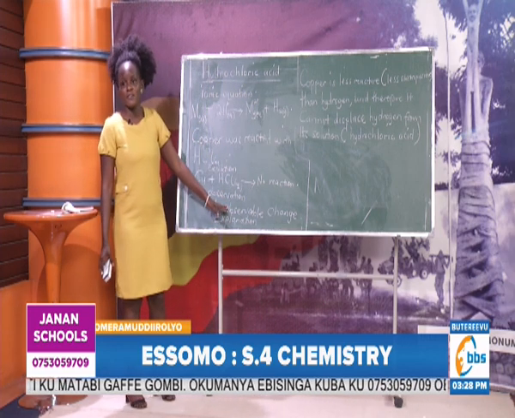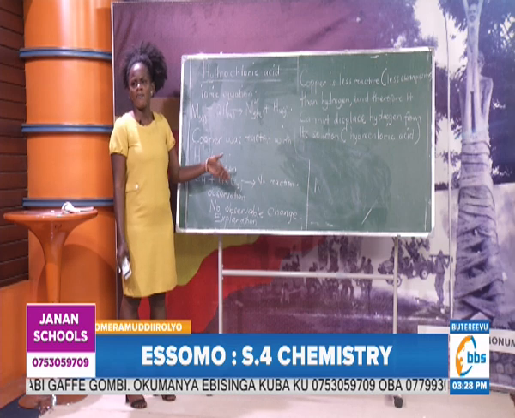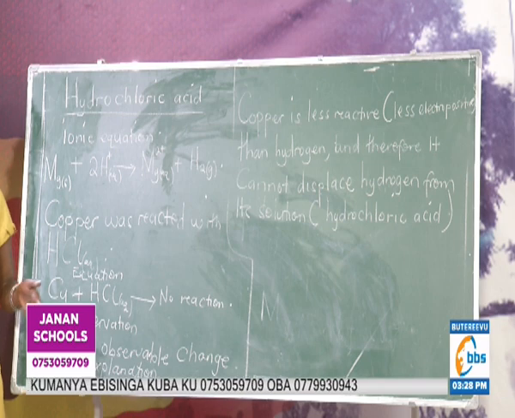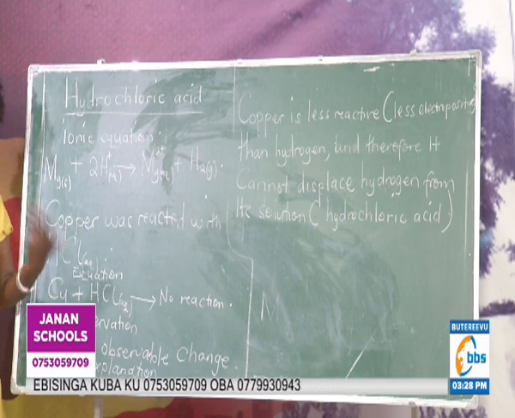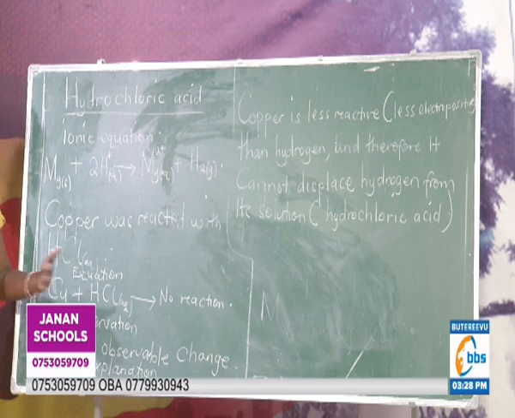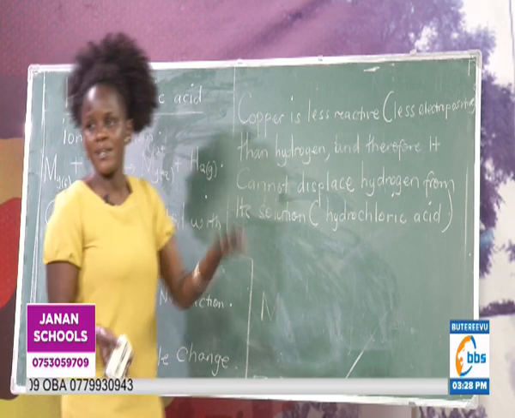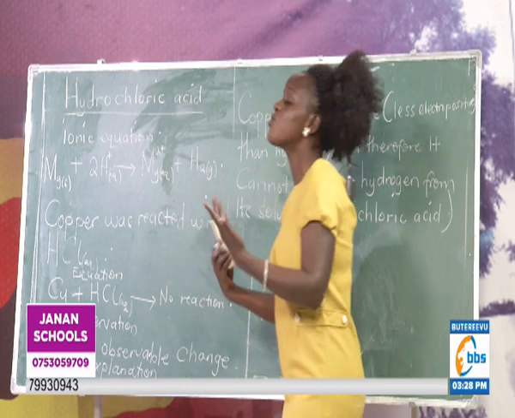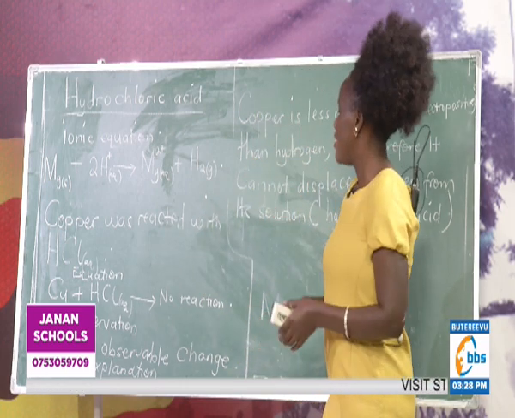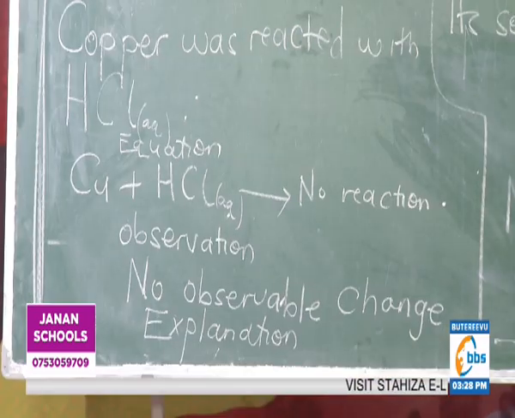This was our observation, and this was our equation. Why have I written them down for you? Because some students really knew what they were talking about. They knew that there was no reaction, but they left it as blank space. Please, when you leave it as blank space, you will not score the mark, because a mark will be awarded there. So who are those students who scored marks?